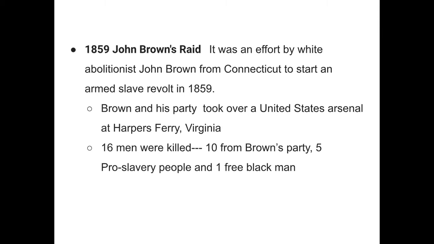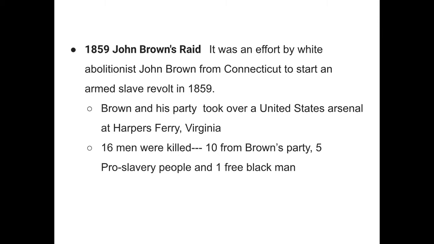Then in 1859, John Brown, an abolitionist from the state of Connecticut, will have an armed slave revolt where he will go in and take a U.S. arsenal where guns are stored and kept for the U.S. Army.